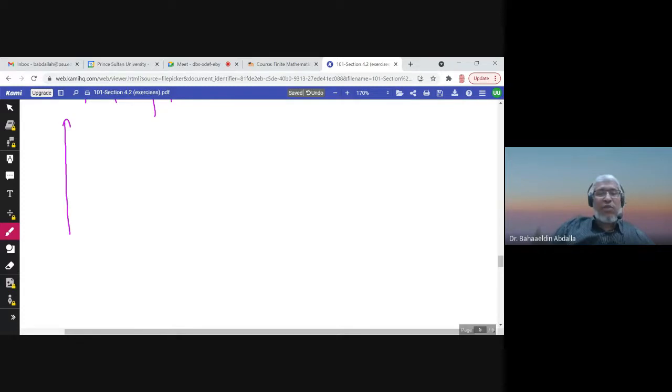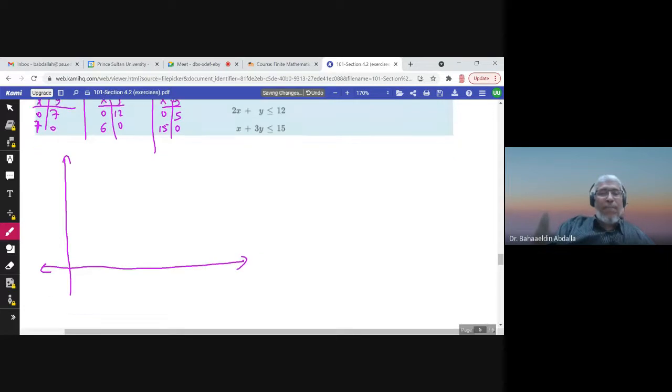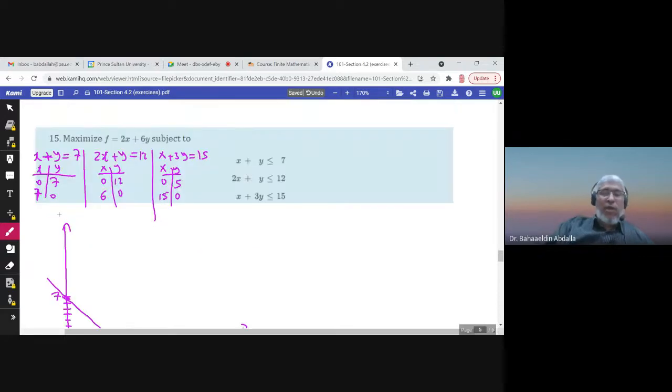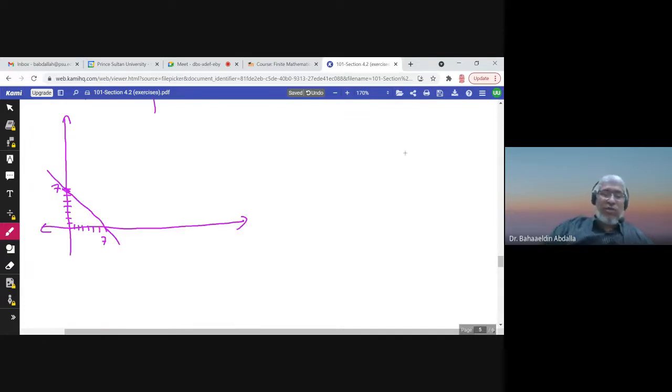Let us sketch the graph. (0, 7) and (7, 0). This is the first line. And we can check immediately (0, 0): 0 less than or equal to 7, that's correct. So the graph is below this line.